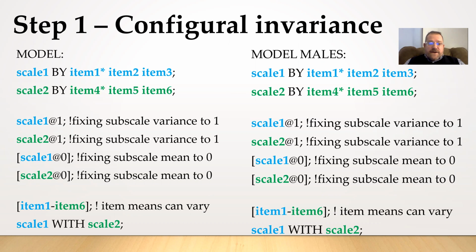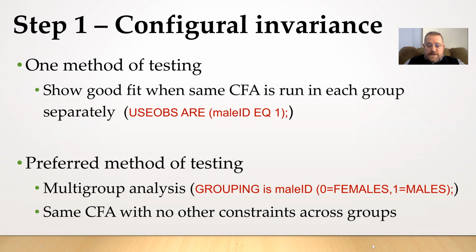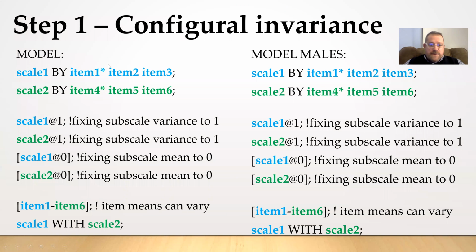So to test configural invariance, we would pull in our data. We would say grouping is male, ID 0 equals females, 1 equals males. Then we would build our model. We'd say create scale 1 from these items, create scale 2 from these items.